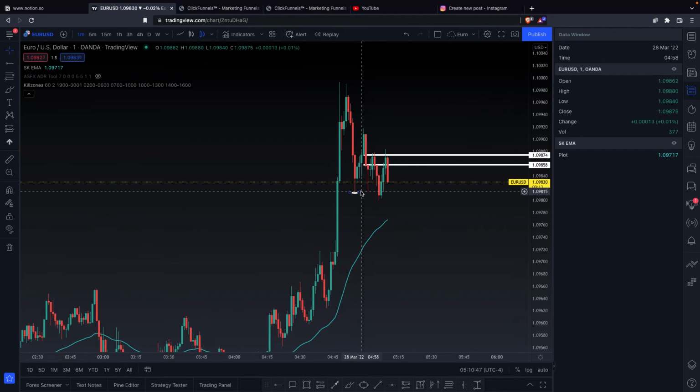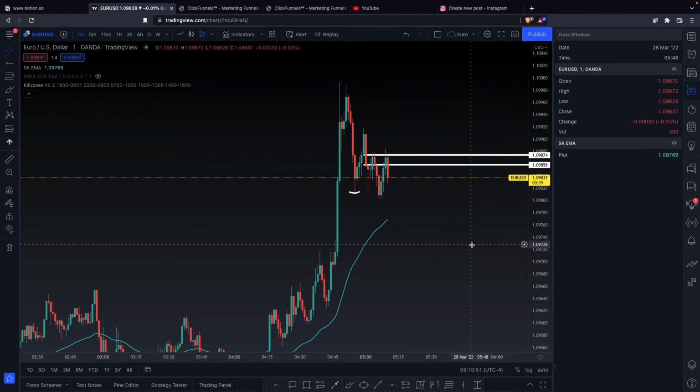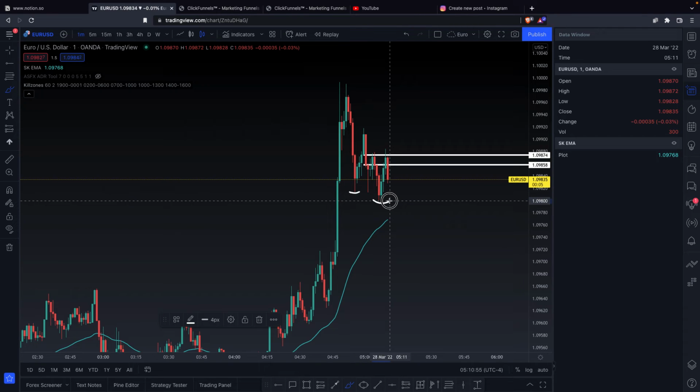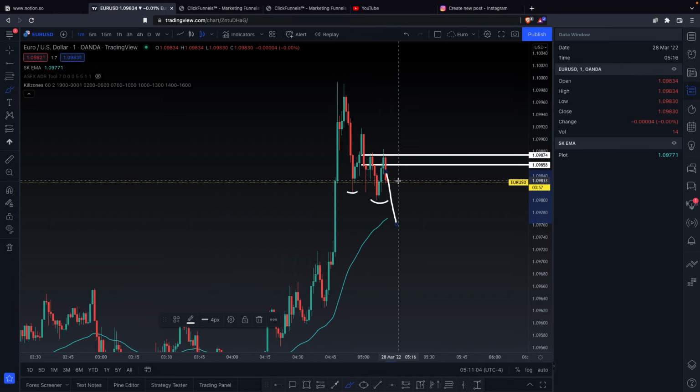But the problem with this low here is it's not lower than this one, so I don't really care about it. So I would be waiting for us to break this low at this point, right? If we break this low with the gap, and if this was 7 a.m., then I could take this trade, right? So that's basically what I'm looking for in terms of my plan for the day.